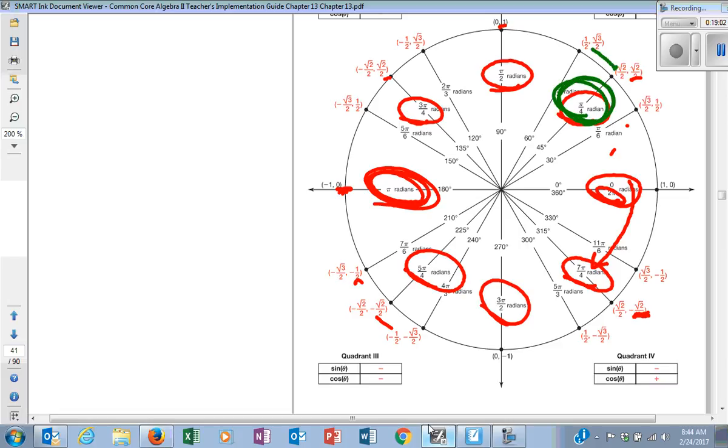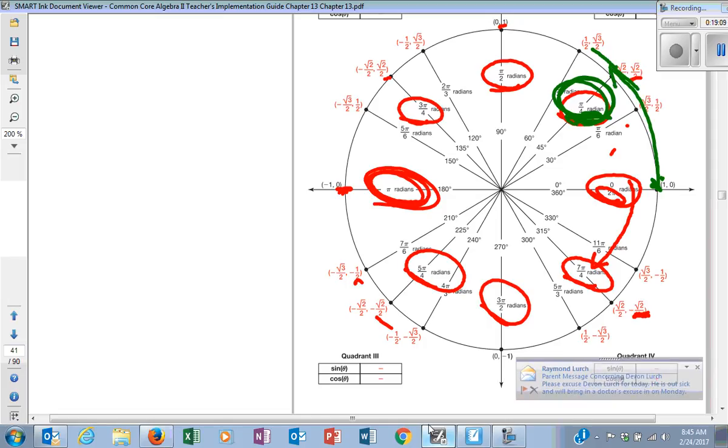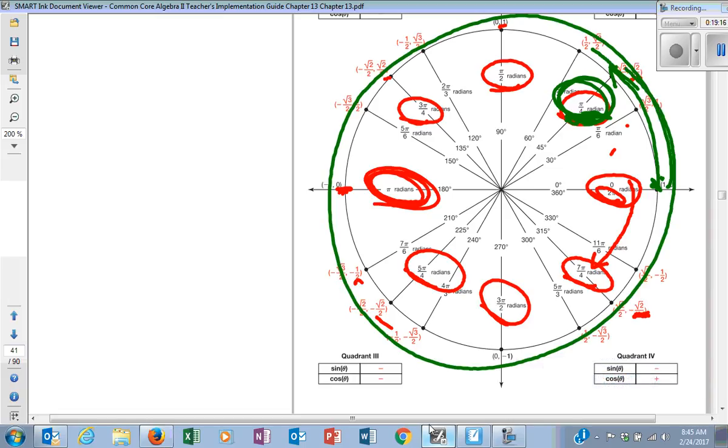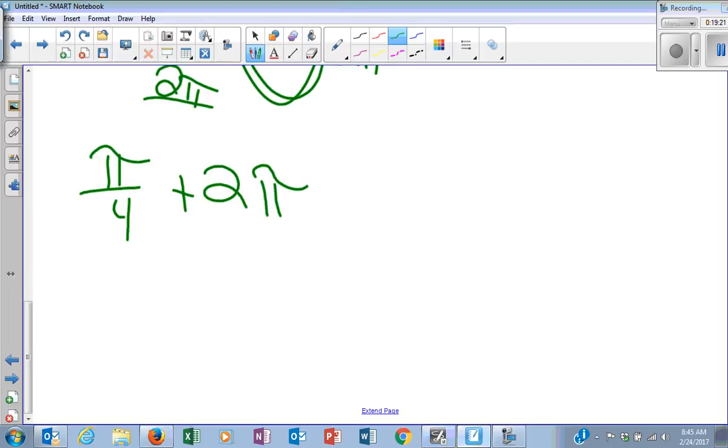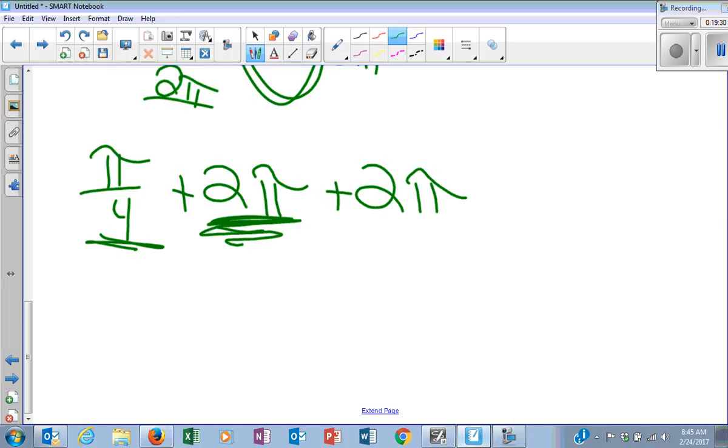I start here and go to here, so it's pi over 4. How do I write that out? One complete circle plus whatever I have. Or I could even do 2 complete circles. Now I've gone 2 rotations, but I stopped at the same location.